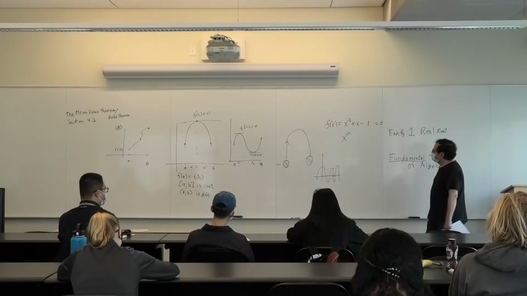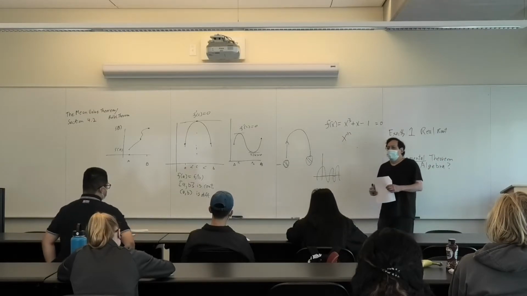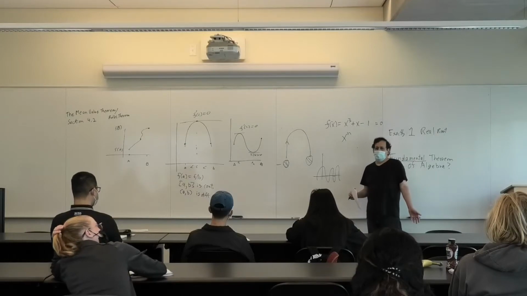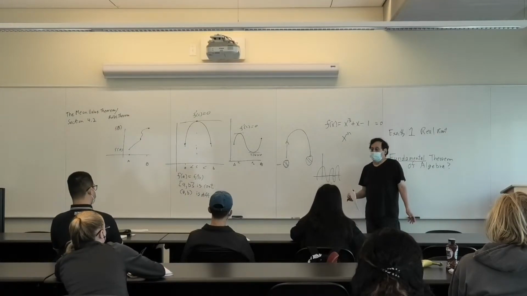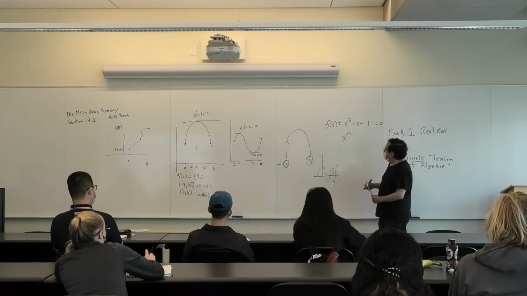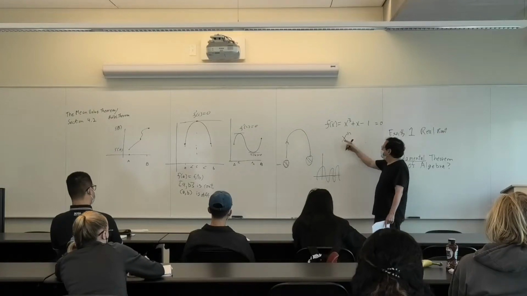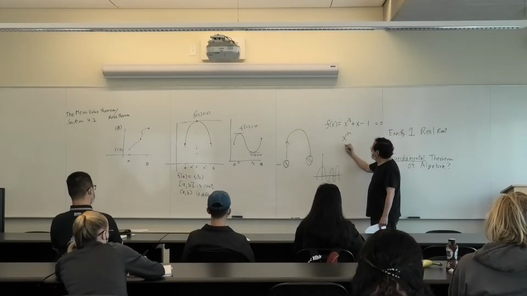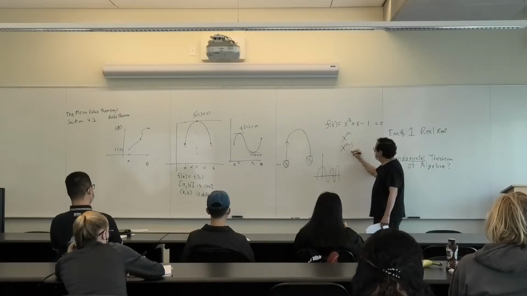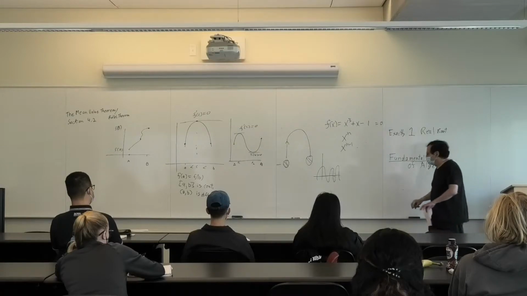The fundamental theorem of algebra says if you have a polynomial of degree n, it has a root. But if it has a root, there's another theorem that says you can divide out by x minus that root, and you'll get a polynomial of degree n minus 1. You can show that there have to be n roots.